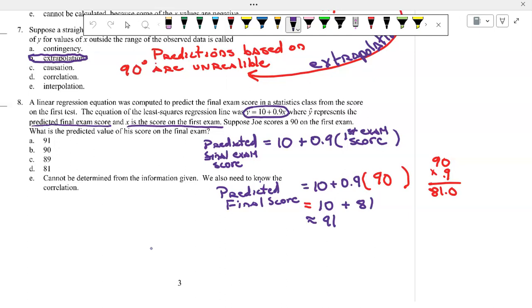Okay, Joe got a 90 on the first exam. So I'm going to take that 90 and put it right here and evaluate the equation. So when I do 10 plus 0.9 times 90, that's 10 plus 81. And that is 91, which is the predicted final exam score.